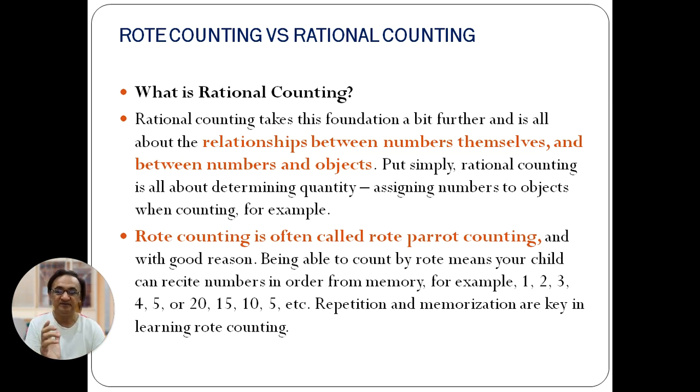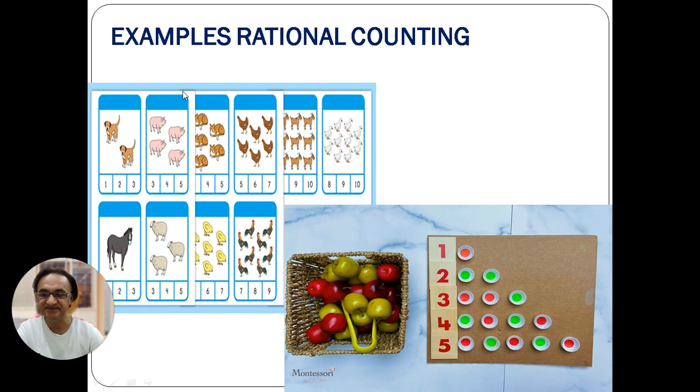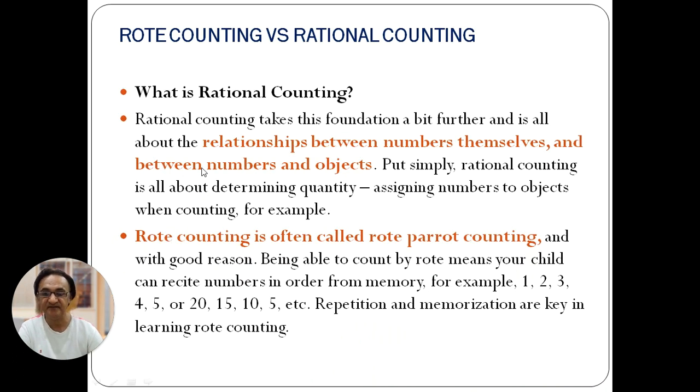Let's see how. First you have to understand, as you can see here, 1 2 3, okay. So they can also recognize how many objects there are. They can see how many objects are in these pictures, okay. Even you can see by putting the number of the objects in front of the number. That is called rational counting. Just have a look at it. What exactly does it show?